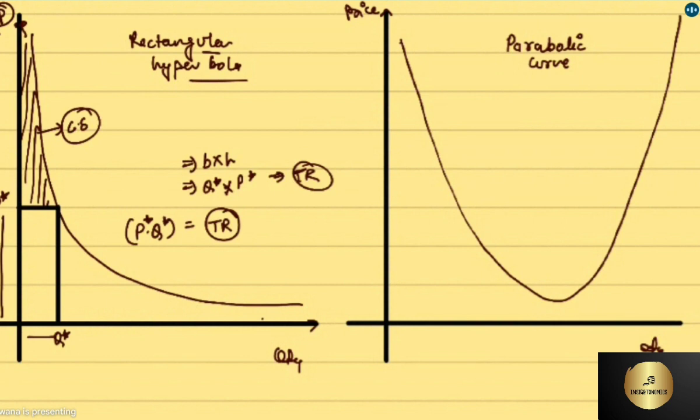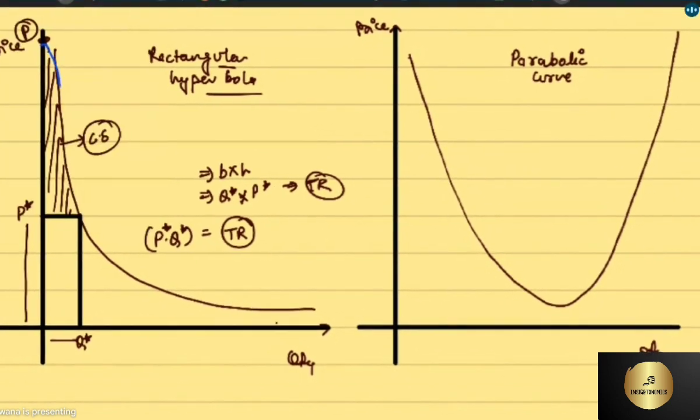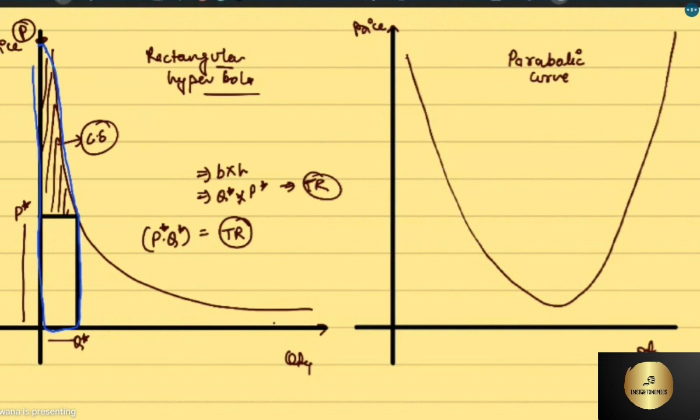We have to find the whole area, let me use a different color. First, we have to find the value of this much area using integration, and then we will subtract this particular rectangle out of that, so that we are left with this particular triangle, which is our consumer surplus.